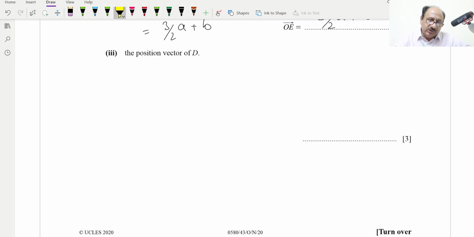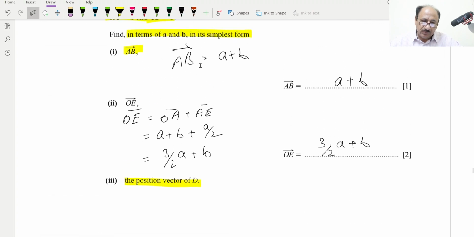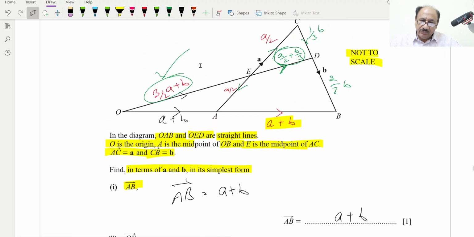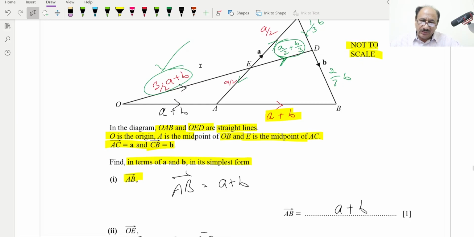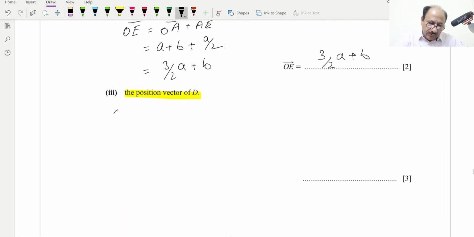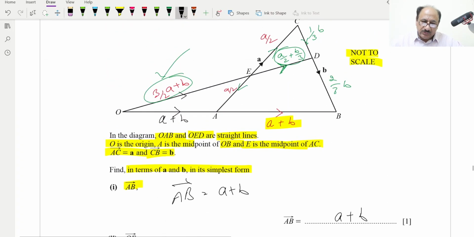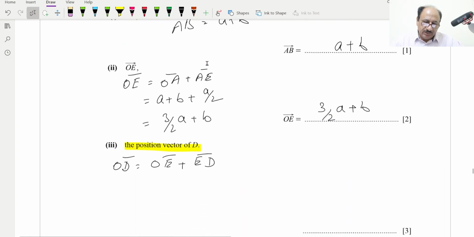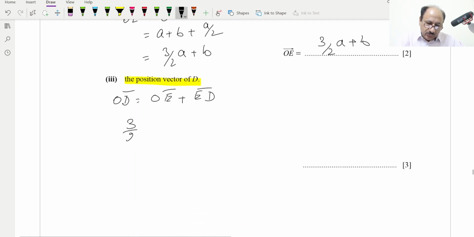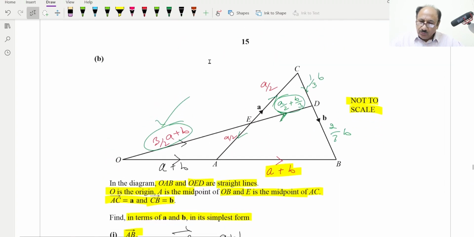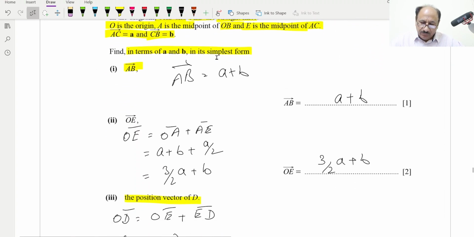Part 3, the position vector of D we have to find. OD will be equal to OE plus ED. So we can write OD is equal to OE plus ED. These are the vectors. OE is 3 by 2 a plus b, and ED will be a by 2 plus b by 3.